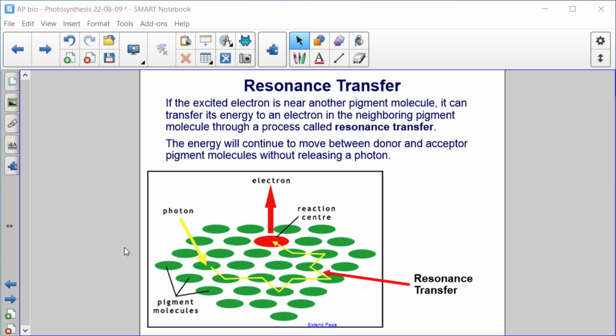So look what happens here. The light is absorbed on this pigment molecule here, and then we have this resonance transfer throughout all these neighboring pigment molecules. And so at this point in time, this is my reaction center, and here's my pigment molecule with the excited electron.